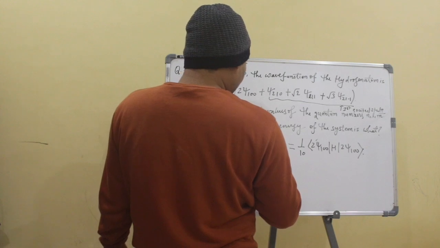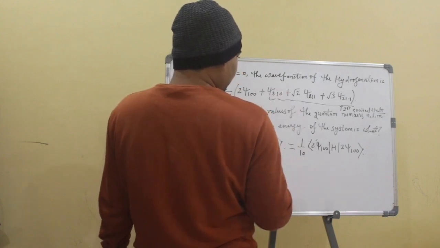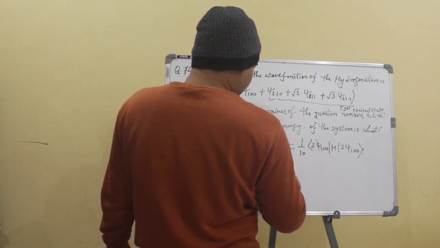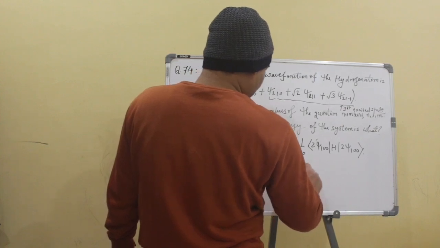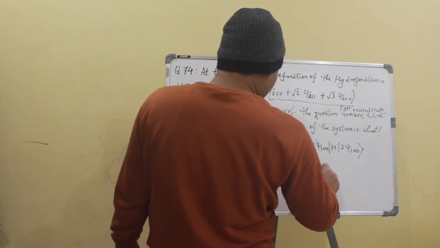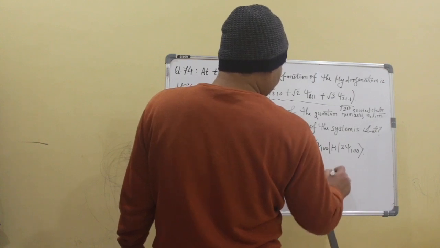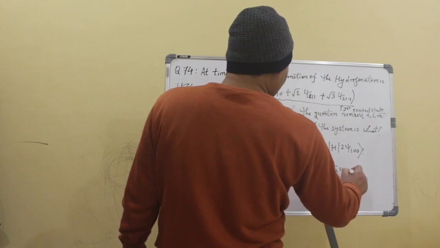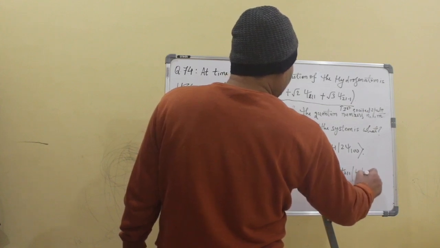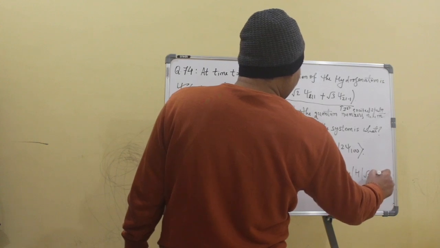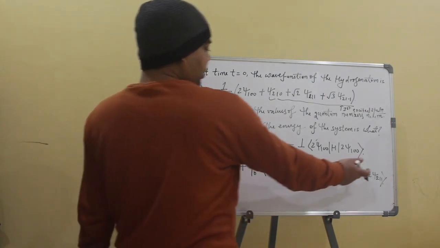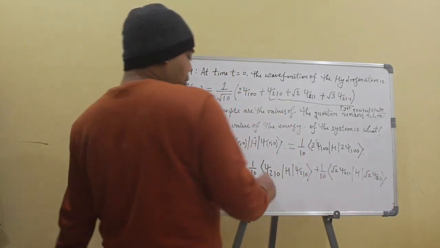Plus 1 by 10 psi 210 H psi 210, plus 1 by 10 into root 2 psi 211 H root 2 psi 211, where root 2 will come out giving a 2.